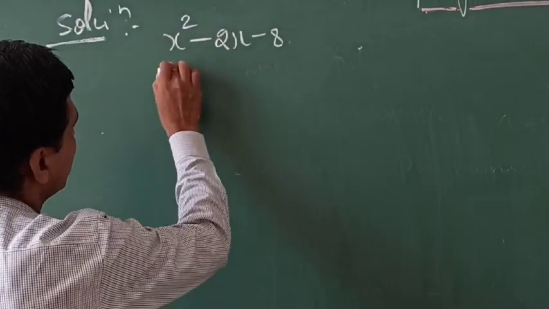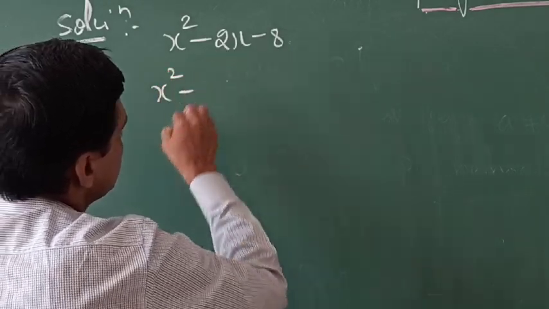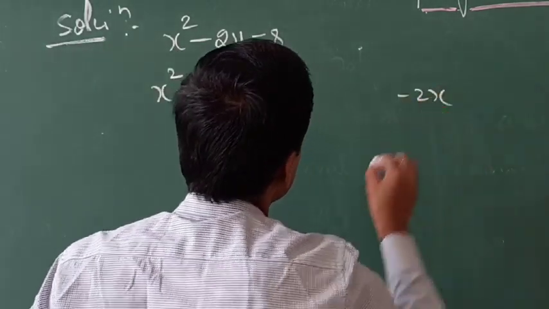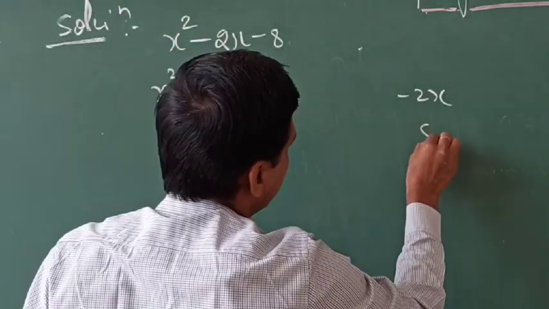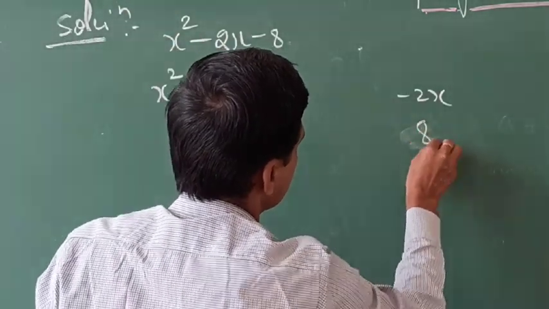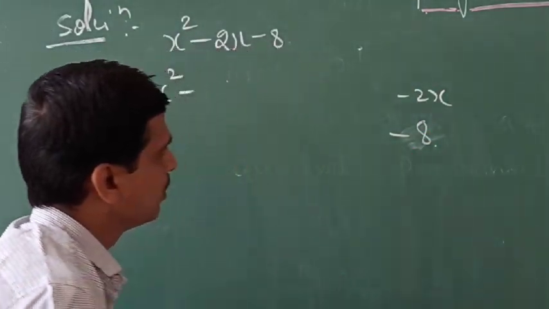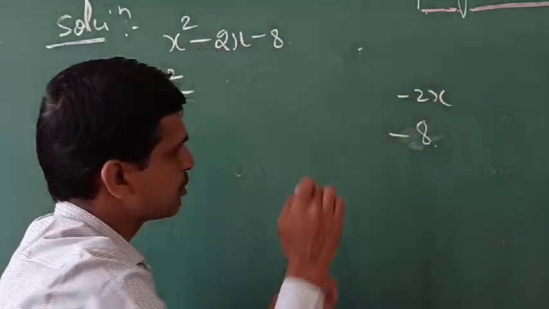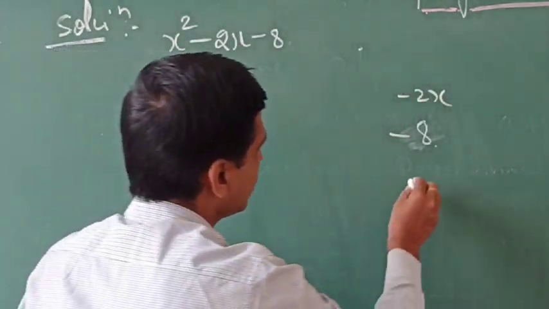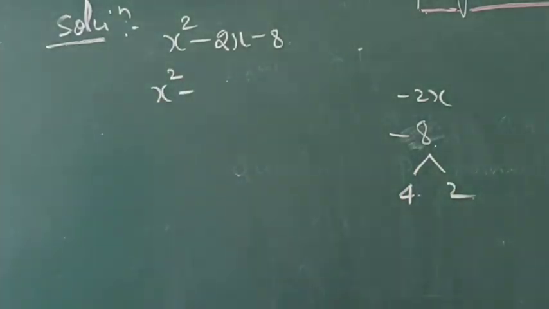For this, first factorize the given polynomial, x square minus 2x minus 8. Look over here, this is the middle term, and the last term; the product of a and c is minus 8. Consider their signs also, plus into minus. So the product must be 8 and the sum must be 2. Which numbers are those? They are 4 and 2.